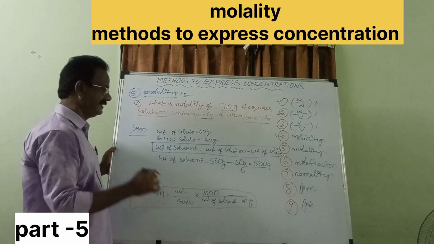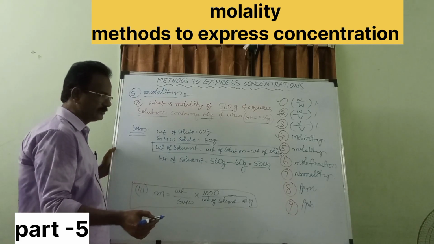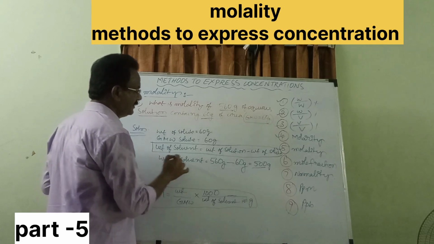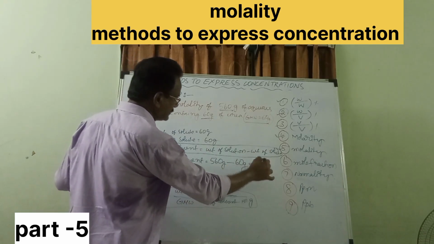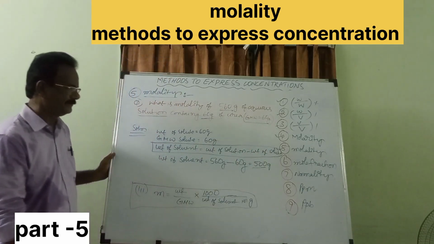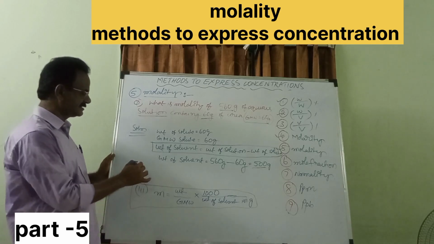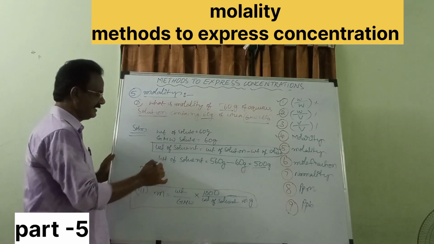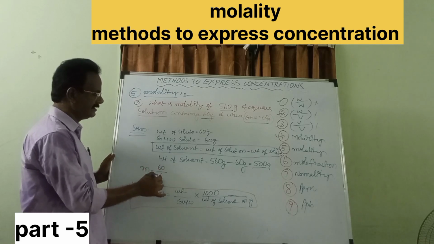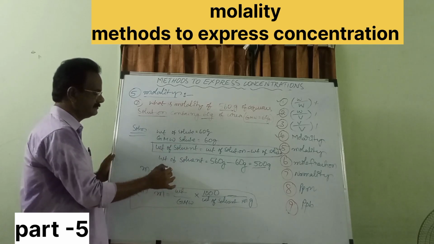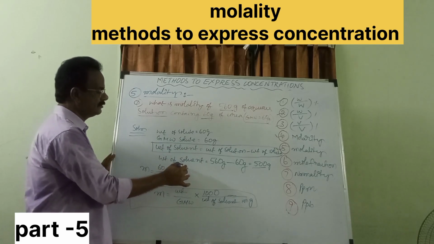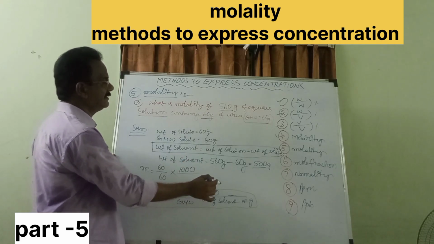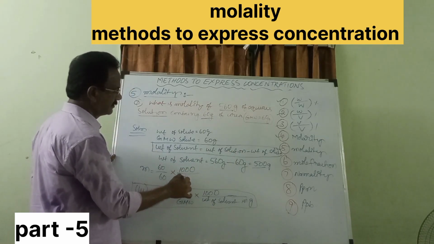After subtracting weight of solute from the weight of solution, we can get weight of solvent as 500 grams. Okay. Now let us substitute the values. Small m is equal to weight 60 grams divided by GMW 60 grams into 1000 by weight of solvent, we got 500 grams.